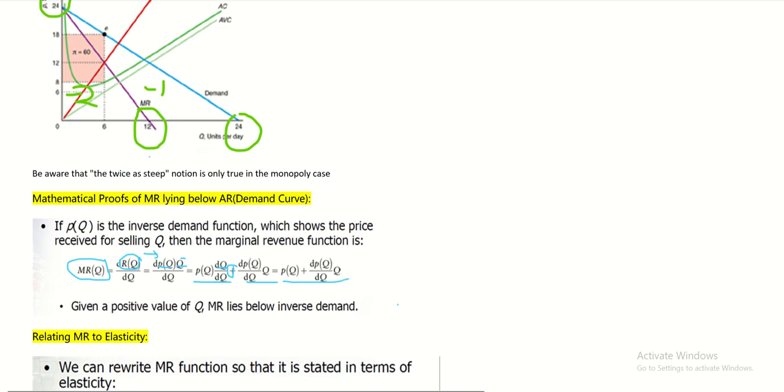So I want you to actually look at this term over here, which is dP over dQ.